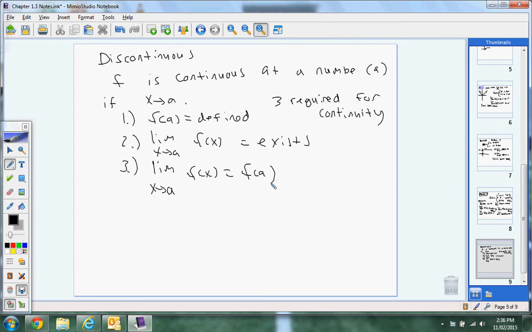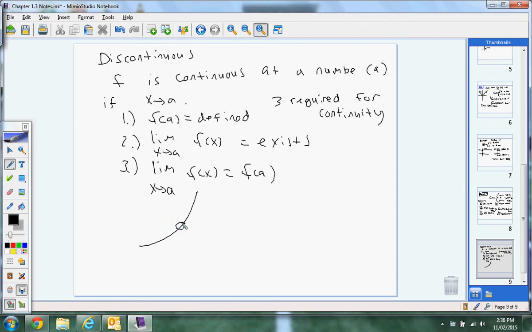So, wait, let me correct that. Emily, can we have something continuous that's not a limit? Yeah. Wait. No, actually, this is what I mean. If we have a line, right?